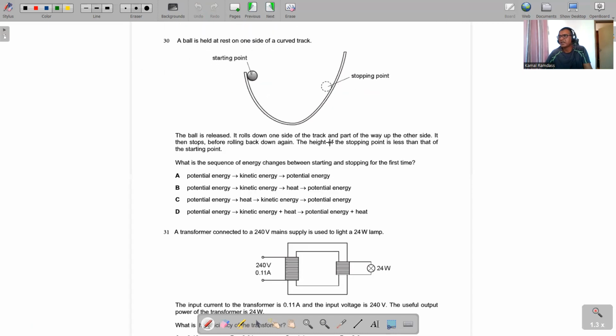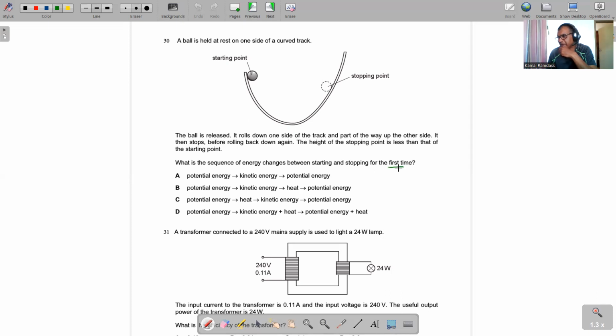A ball is held at rest on one side of a curved track. Starting point, stopping point. The ball is released, it rolls down on one side of the track and part of the way up to the other side. It then stops before rolling back down again. The height of the stopping point is less than that of the starting point. Okay. What is the sequence of energy changes between starting and stopping for the first time? Starting point, potential energy. Move to kinetic energy. Move to potential energy.